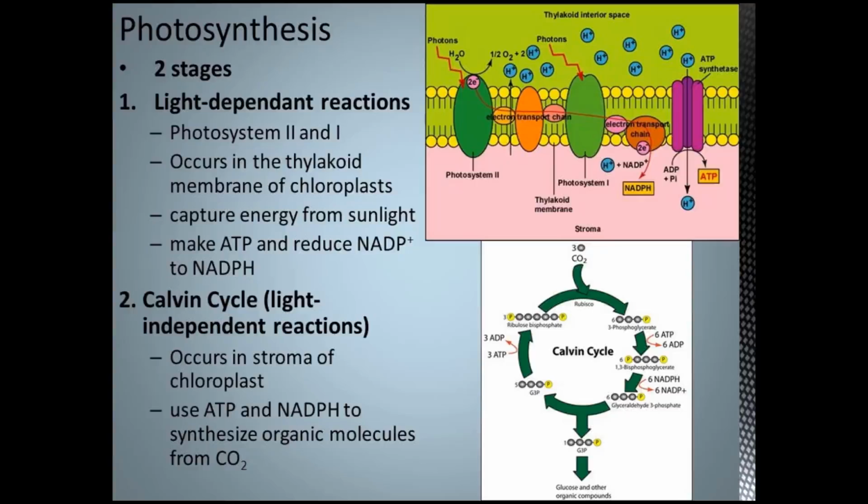During this reaction, carbon dioxide is reduced into carbohydrate with the help of light generated ATP and NADPH to synthesize organic molecules from carbon dioxide. This is also called the Calvin cycle and is carried out in the absence of light.